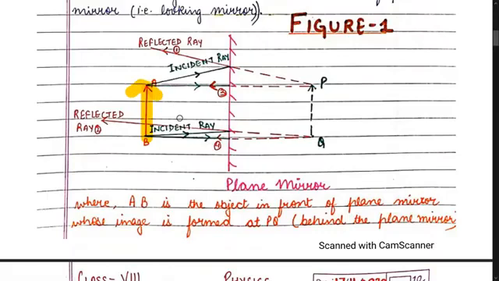From the object AB, we have formed an image PQ behind the plane mirror.